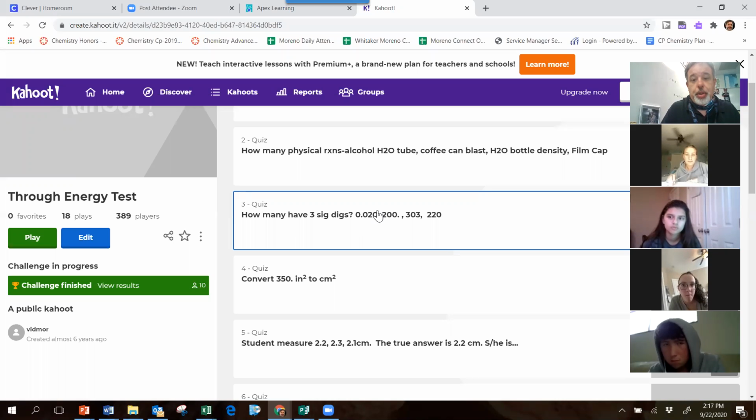So notice that the calculator dropped that last 0, it's because it is significant. So you have 2 right there. 200 right on the dot means there's 3. 303, if you have a 0 between numbers, it's not a placeholder, it's counted.